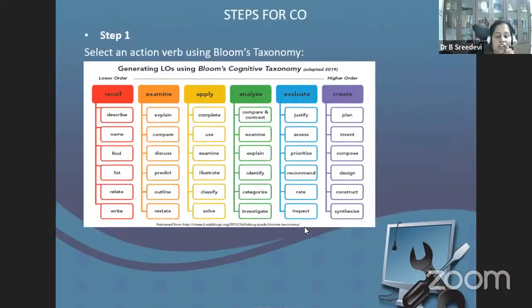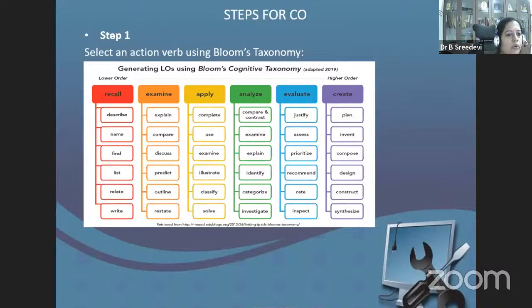So moving on with an example, how can I specify the keyword or action verb? The action verb is specified using Bloom's taxonomy. Bloom is a person who devised this in order to make ourselves efficient in framing questions and understanding course objectives and outcomes.